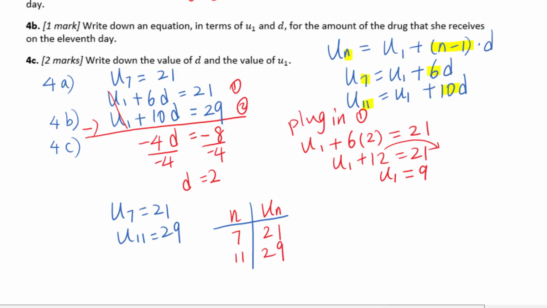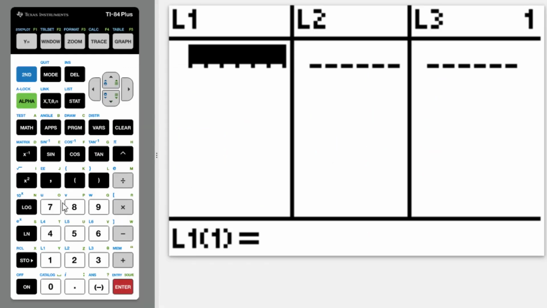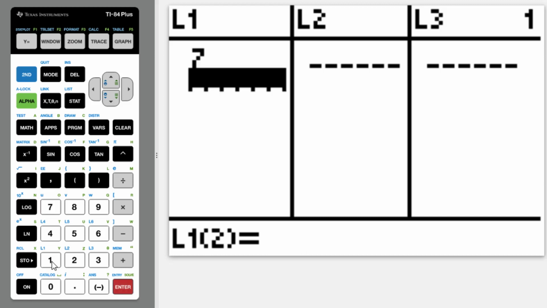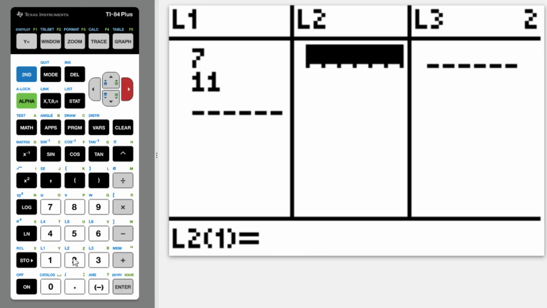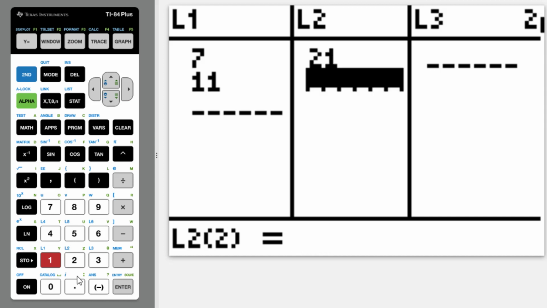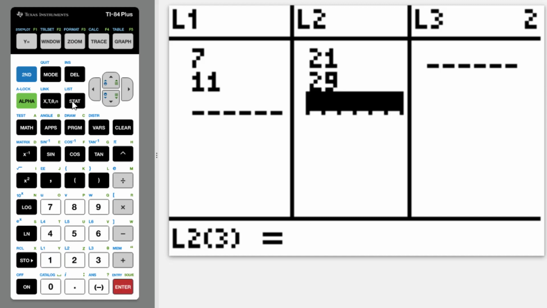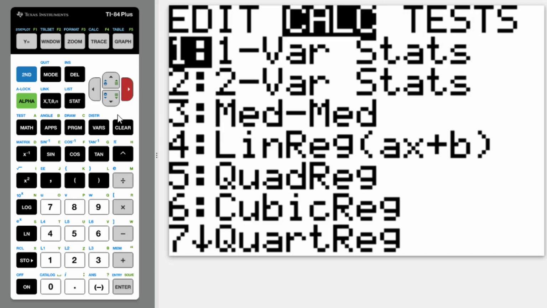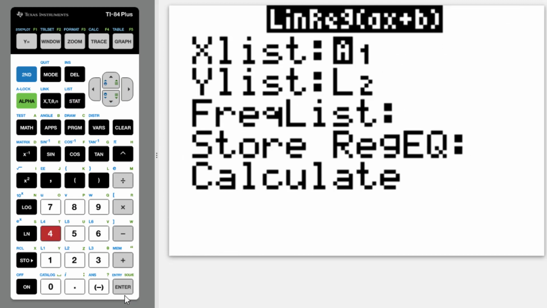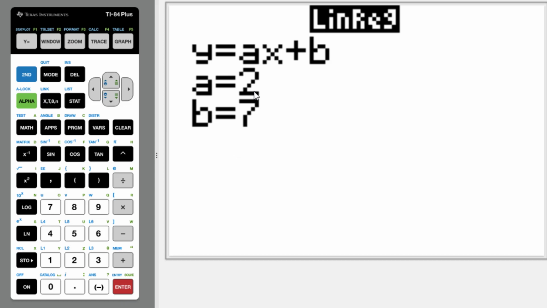Go to Stat. Enter 7, 11, 21, and 29. Then go back to Stat, calculate, go to 4. The slope is a common difference, so d equals 2.